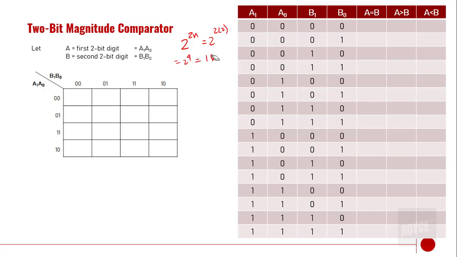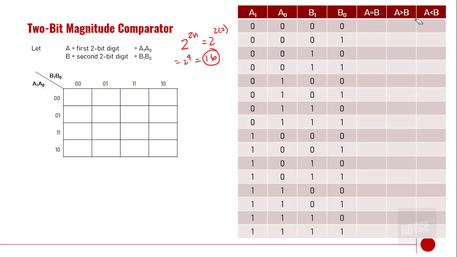So, meron tayong 16 input combination. So, ito na po yun. Mula 0000 hanggang 1111. So, we are able to compare all of the possible combinations of digit A and digit B. For our outputs, we're gonna name them A is equal to B output, A is greater than B output, and A is less than B output.